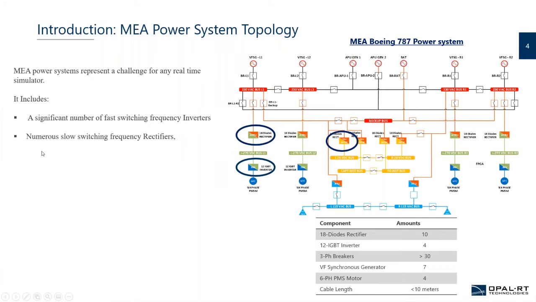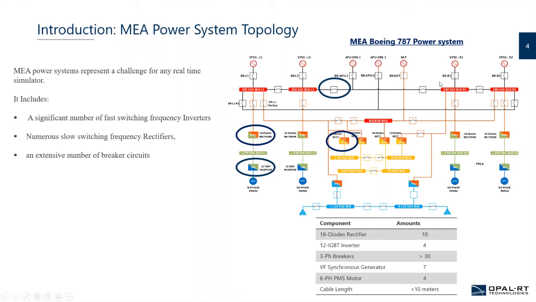It also includes enormous slow switching frequency rectifiers, like the ATR and TR units, and an extensive number of breaker circuits used to interconnect the different sections of the power system.